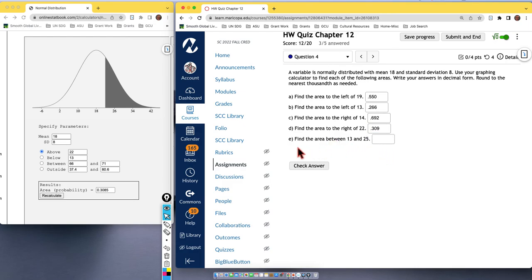And then we have this find area between. Between is the one that's easiest. Between 13 and 25. Again, doing these by hand is extra work. It's calculating 2 different z-scores, calculating, subtracting. But this time it shows us exactly what we have, and it gives us our answer of 0.543.